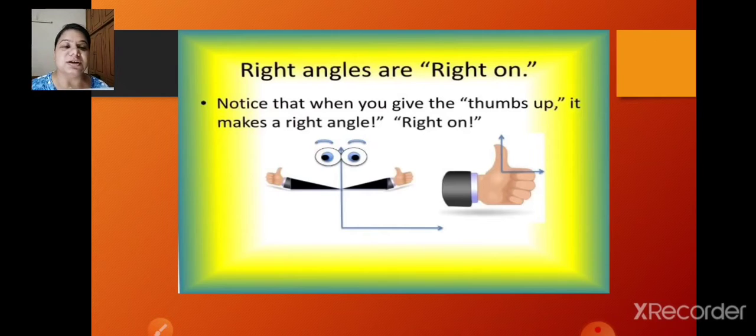So this is the right one. Right angle says you are always right. Or whenever you have to tell anyone that you are right, you can simply give a right angle. So you can remember this way that this is a right angle.